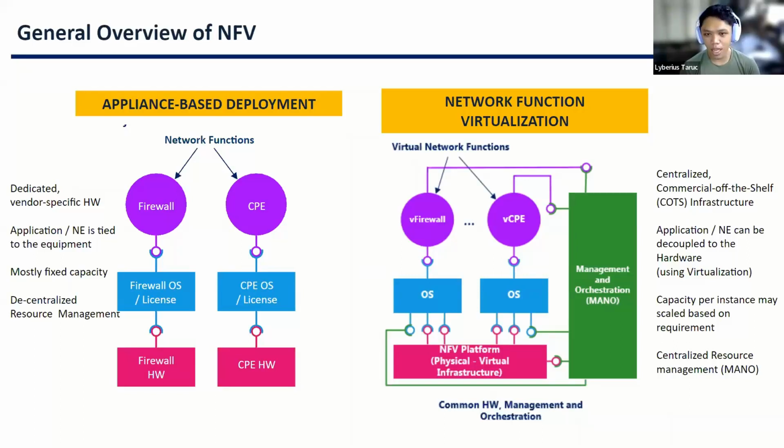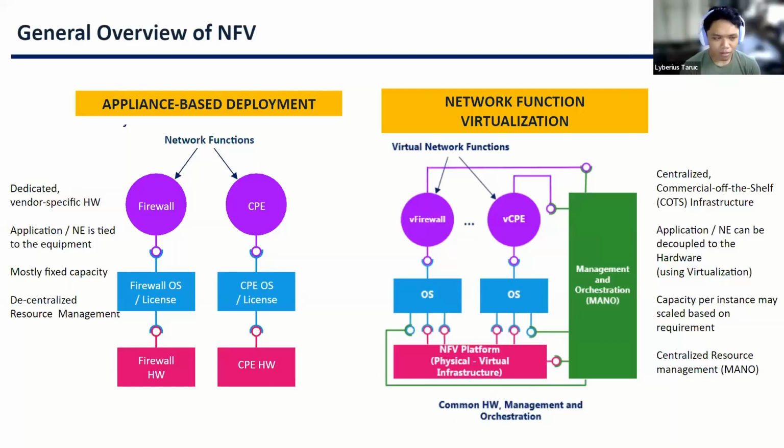And from there, we can already deploy the function that is intended to cater to a specific service in our network. So in my example here, I give you two example network functions or network elements: a firewall or a CPE.